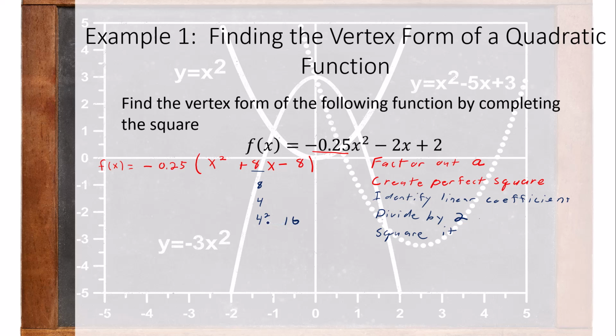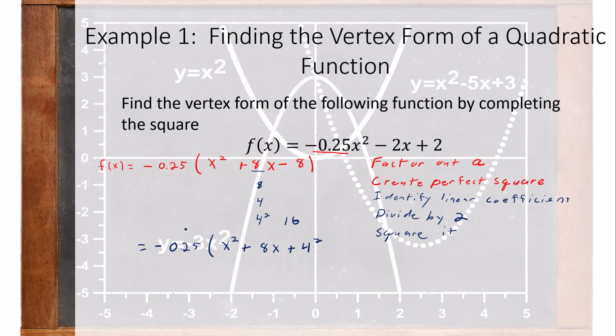Now what I want to do is add 4 squared to this equation. And if I do, this is going to be equal to negative 0.25 times the quantity x squared plus 8x plus 4 squared.